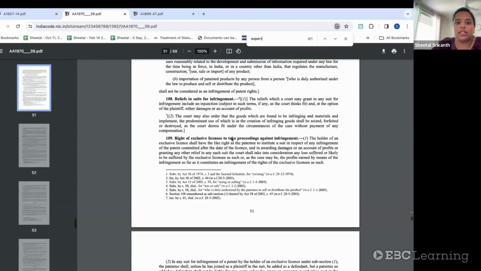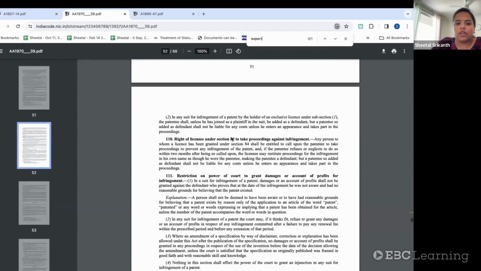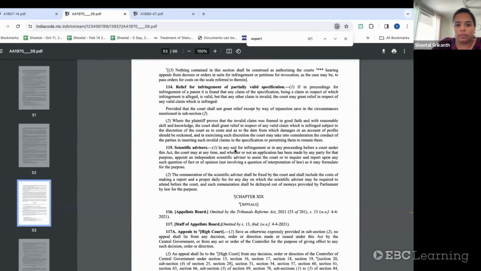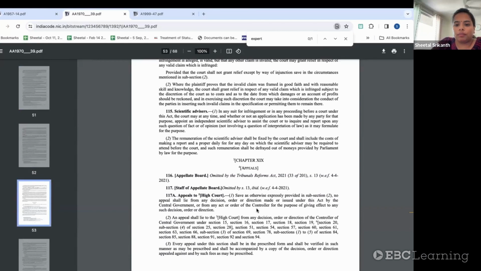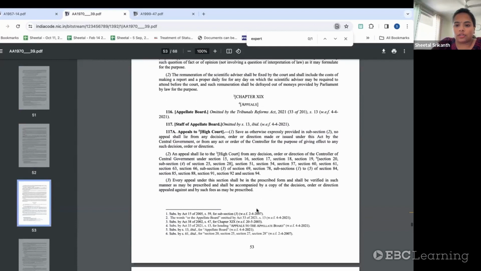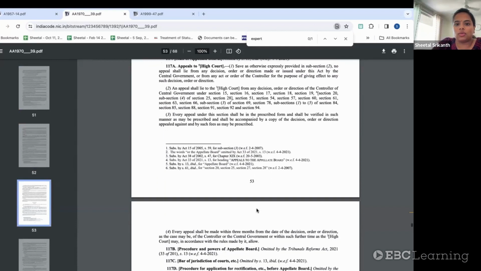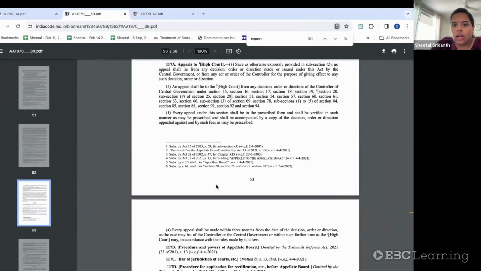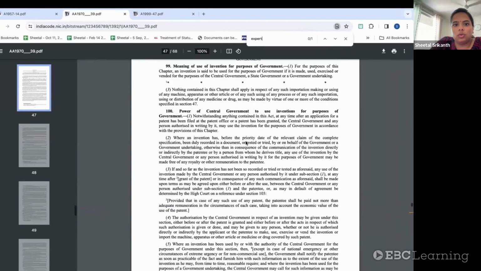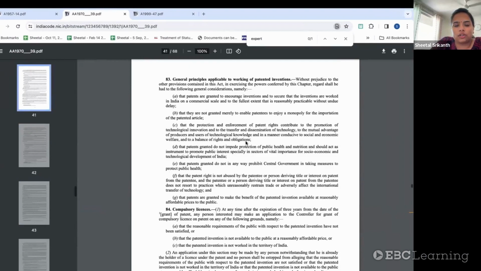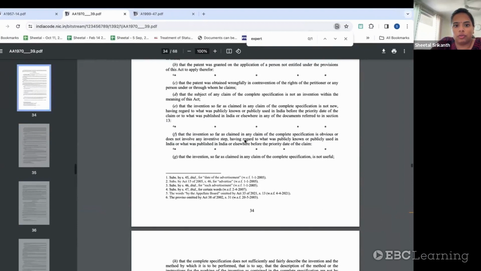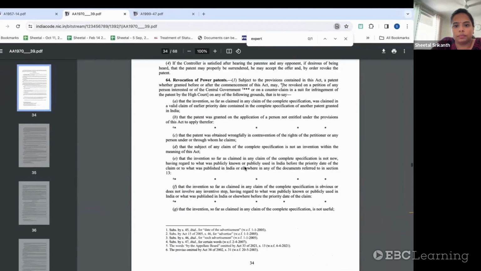So these are various powers that are given to the Controller General of Patents and other authorities under the Act. Any appeal from these decisions will come directly to the High Court now, since the Intellectual Property Appellate Board doesn't exist. So I'm just going to do a few of these sections in detail so that you understand the nature of what is happening here.